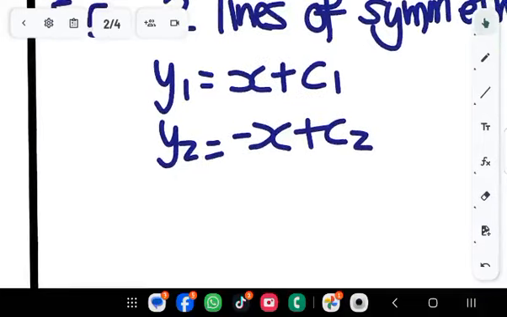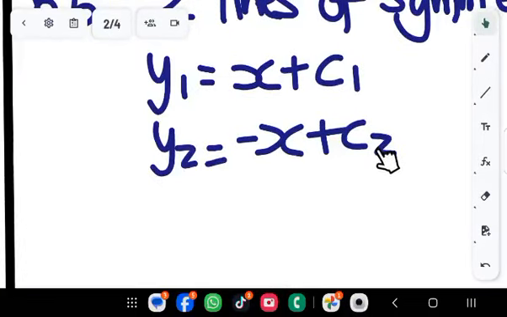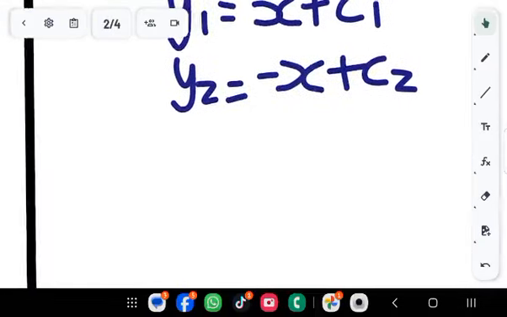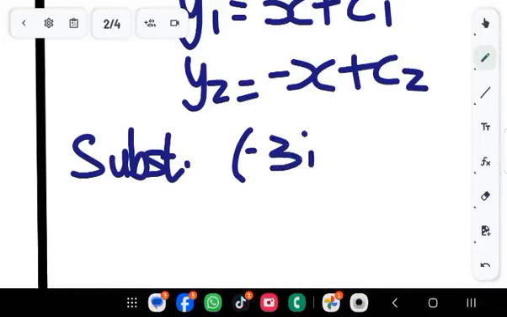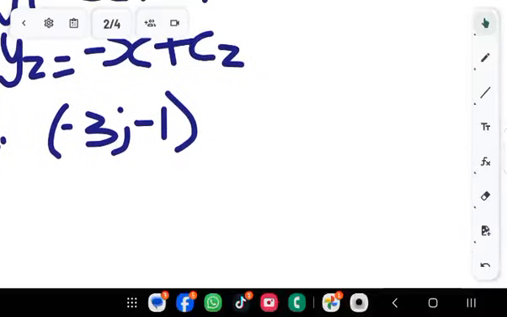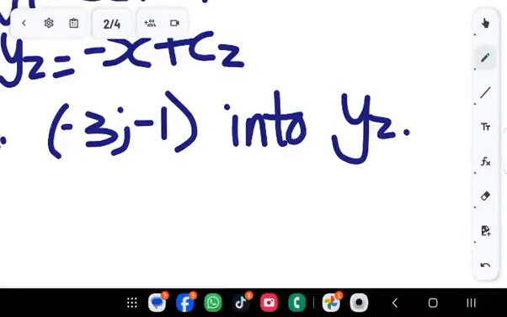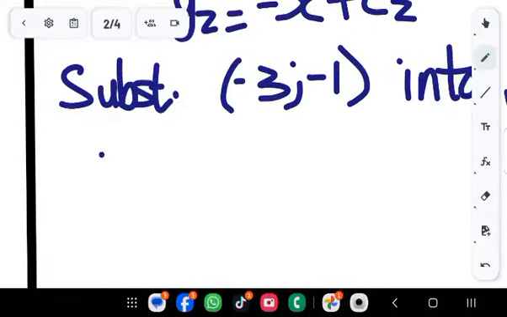Now, to find the information that we need, we need to figure out what c2 is in this case, because this is the one that we're looking for. We need to substitute the point of intersection of the two asymptotes into y2, so we can find what that value is.